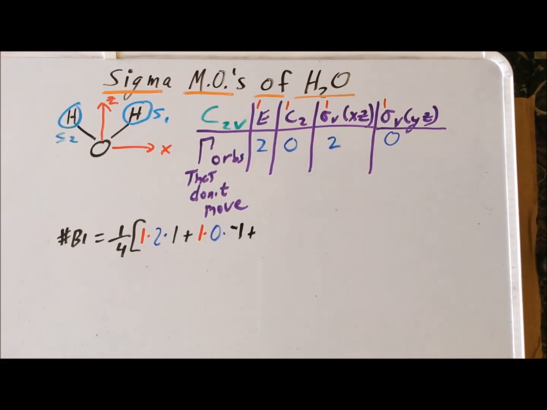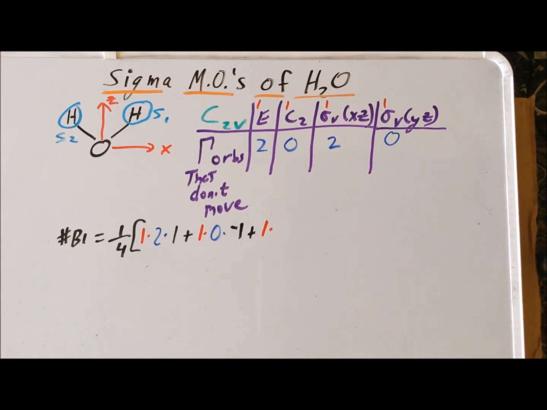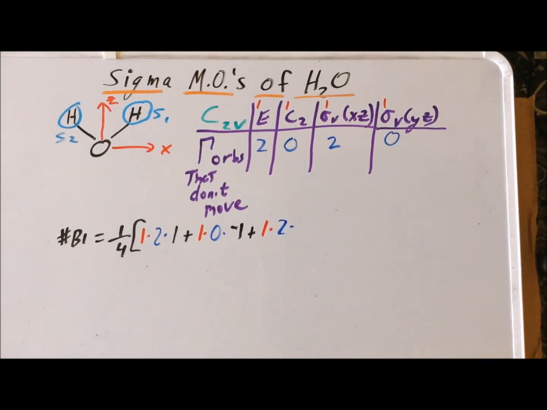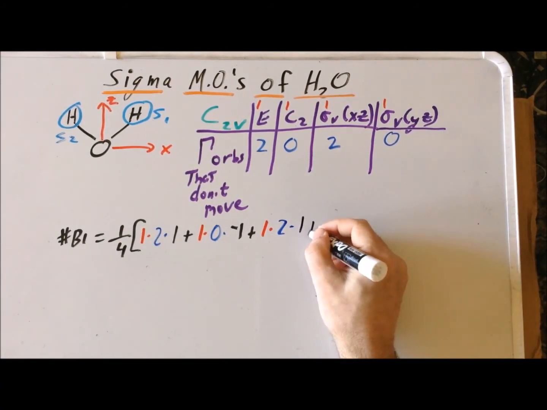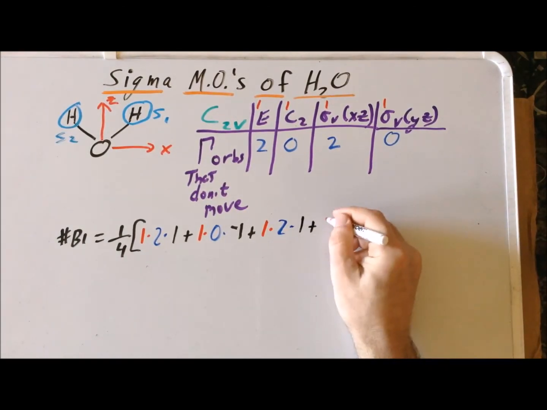For sigma v x z, there is 1 operation in the class. The character from the reducible representation is a 2. And the character from the character table for the irreducible representation B1 is a positive 1. For the final class, there is one operation in the class.